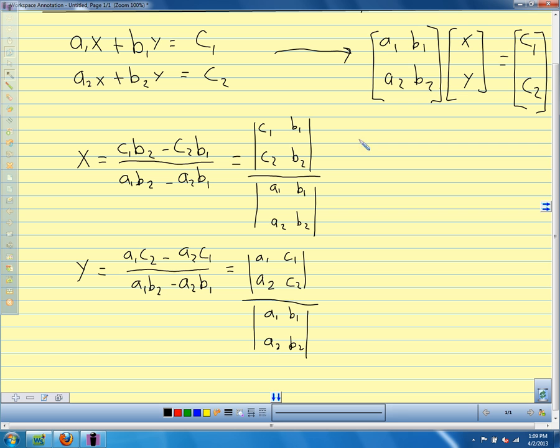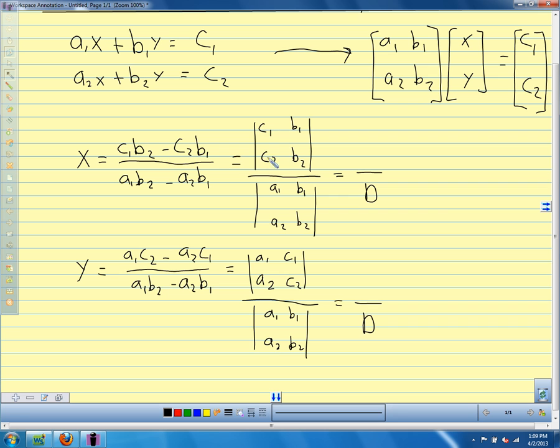Well, this is just the determinant of this matrix. So my denominator is just the determinant of this matrix. I'll just write that as D. And the numerator is the determinant of this matrix, but here I replace the first column by these two numbers.